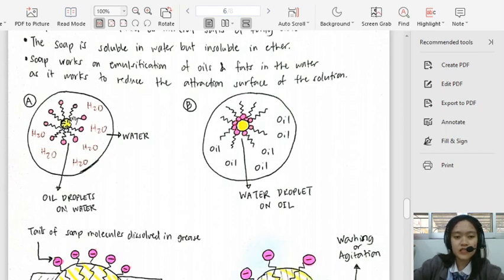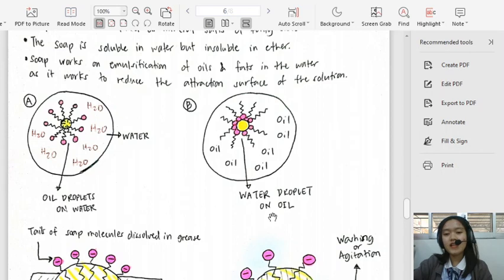So, tinatago sila sa loob. Kapag kabaliktaran, kapag nag-drop ka naman ng water doon sa inyong oil, ang nangyayari, the one that interacts with the drop of water is the hydrophilic part or the water-loving part. So, nabubuo pa rin.